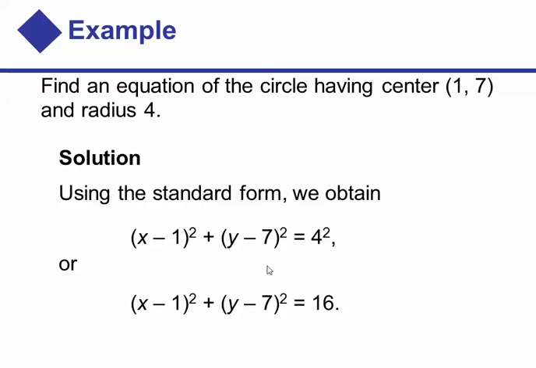That is the equation of our circle. And we should be able to look at that and say immediately, A, that's a circle. B, it's got a center of (1, 7). And C, its radius is the square root of 16, or 4. Okay? So just from looking at this one equation, we have all of that information.